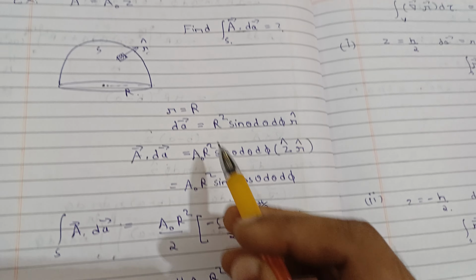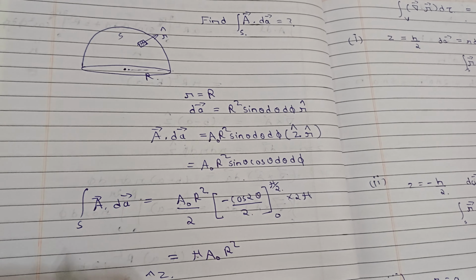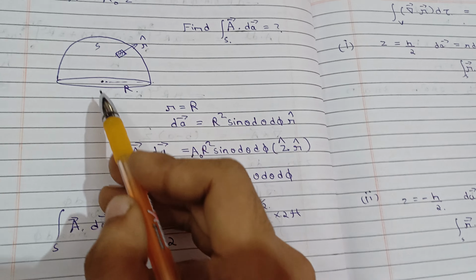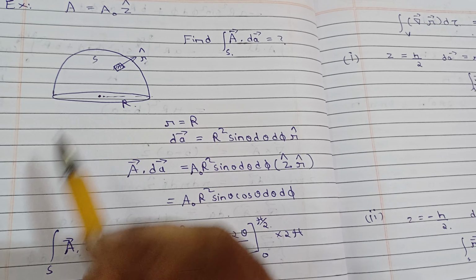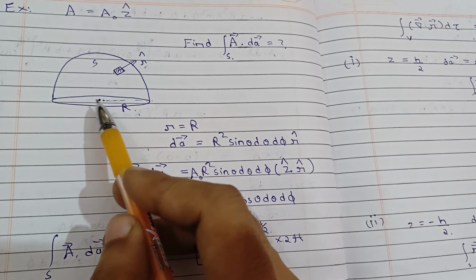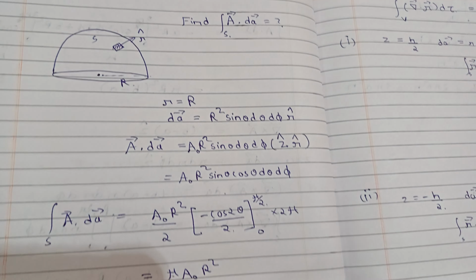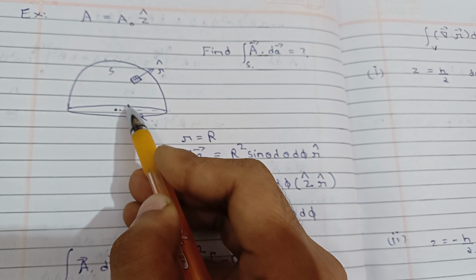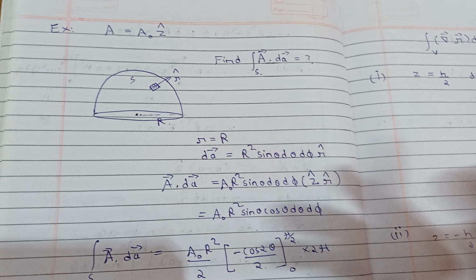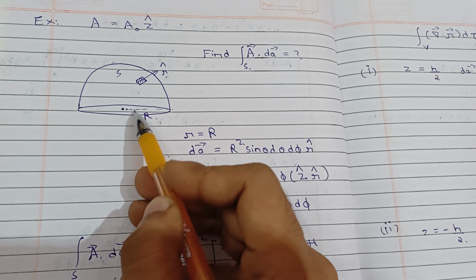Now you need to integrate this simply. And in the integration, what will be the limits? Here phi is changing from 0 to 2 pi, and theta is changing from 0 to pi by 2. See, theta is this angle, so theta is changing from 0 to pi by 2, and phi is changing from 0 to 2 pi.